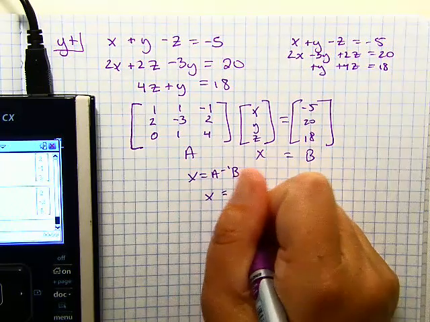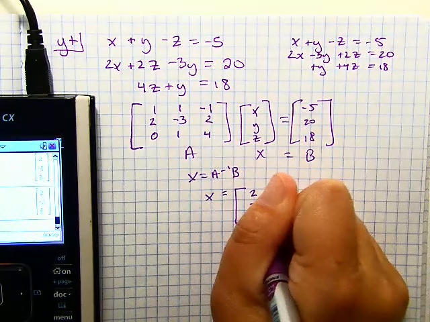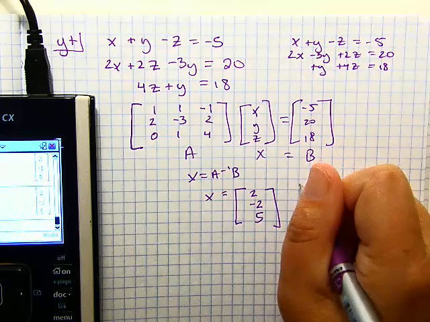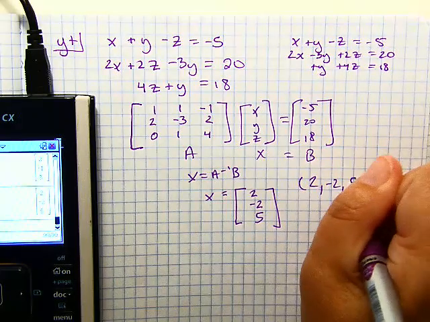X equals 2, -2, 5. So we would write our final answer as 2, -2, 5.